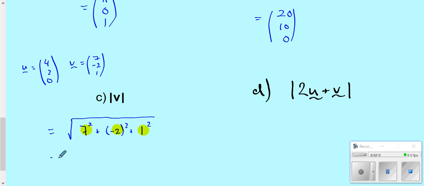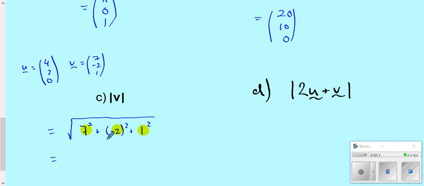Okay, so if I type that all into my calculator, so it's going to be the square root of 7 squared plus, and again, always recommend putting the negative 2 in brackets.